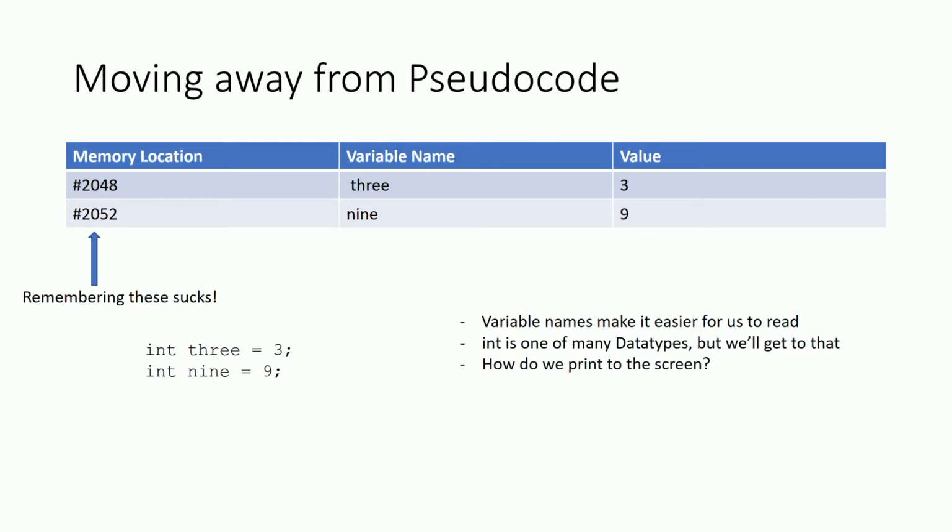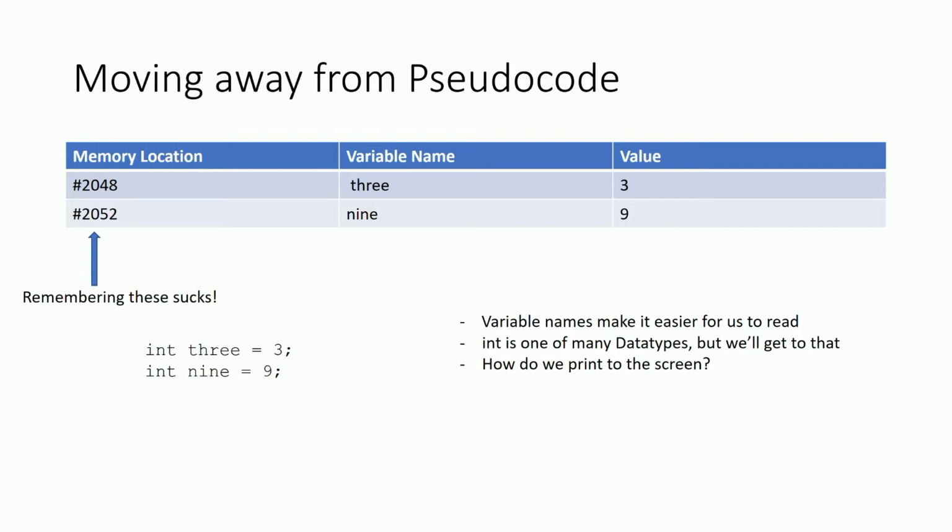Then we have the equals sign, and the equals sign does not mean equal to, it means set it to this. So all we're saying is the variable named 3 is going to be set to the value 3. And of course, at the very end, we want to add the semicolon, which is basically the period of programming. It's ending the statement.